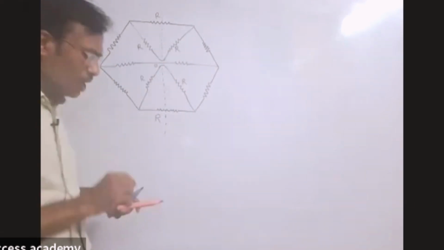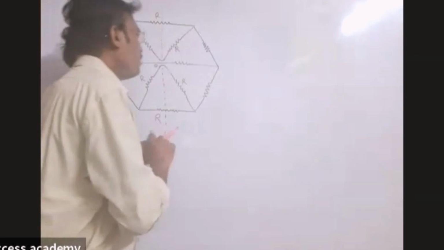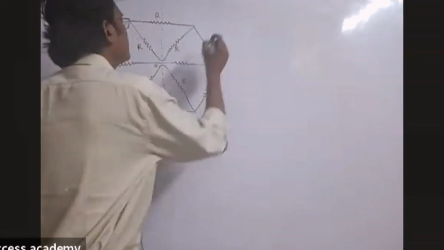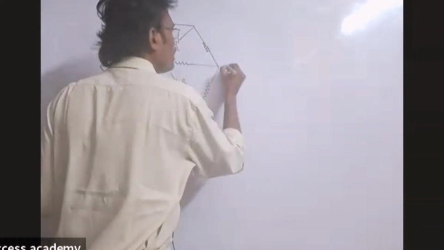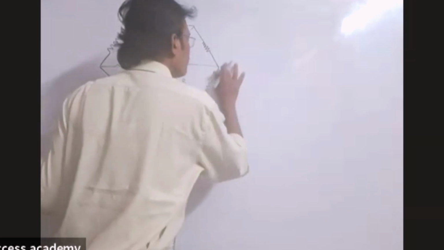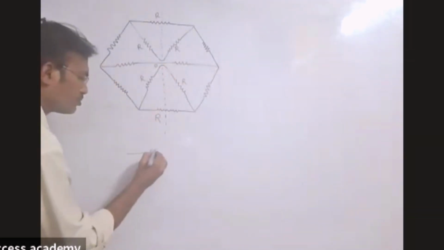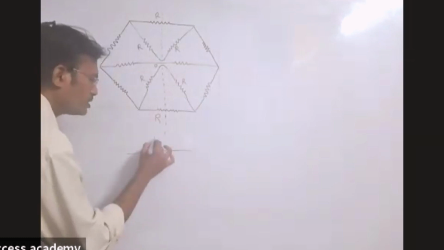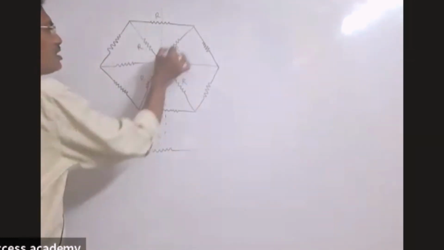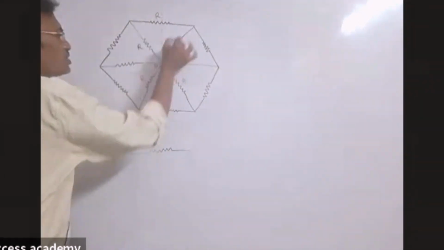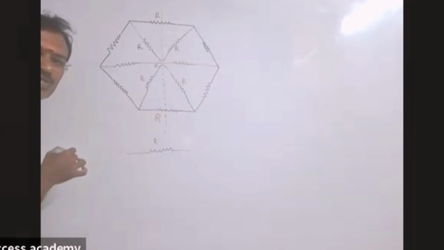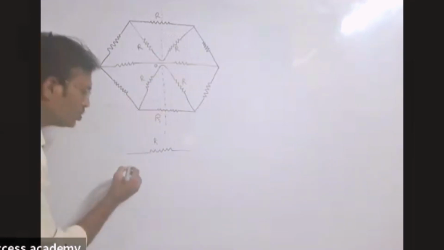Now, with this, I am taking the concept like this. Again, this can be treated like this. This is R and this is R and R. These two are in series, so the effective series combination is R plus R, 2R.